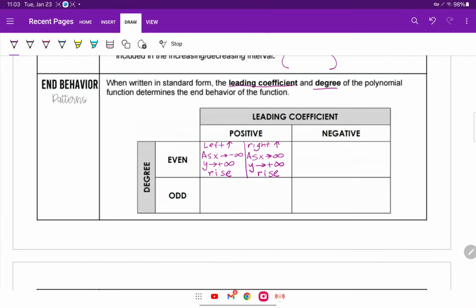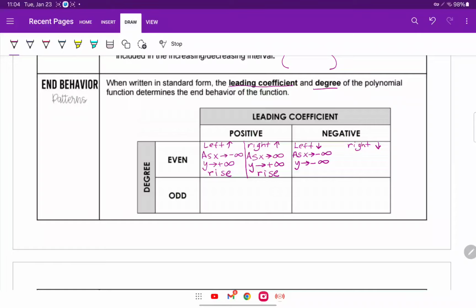If my leading coefficient is negative and even, that means that on the left side it's going to move down, and on the right side it's also going to point down. So notice that if it's an even degree, they either both point up or they both point down. So on the left side we would say as x approaches negative infinity, the y values also approach negative infinity.